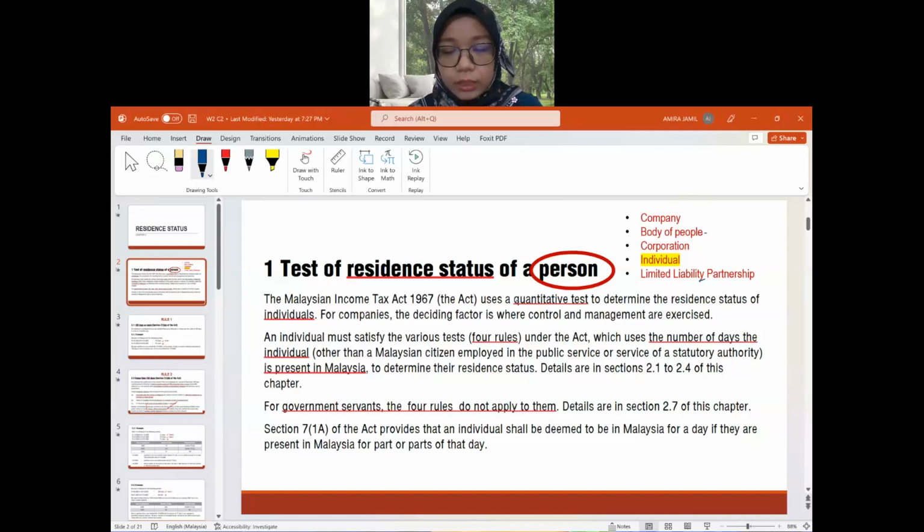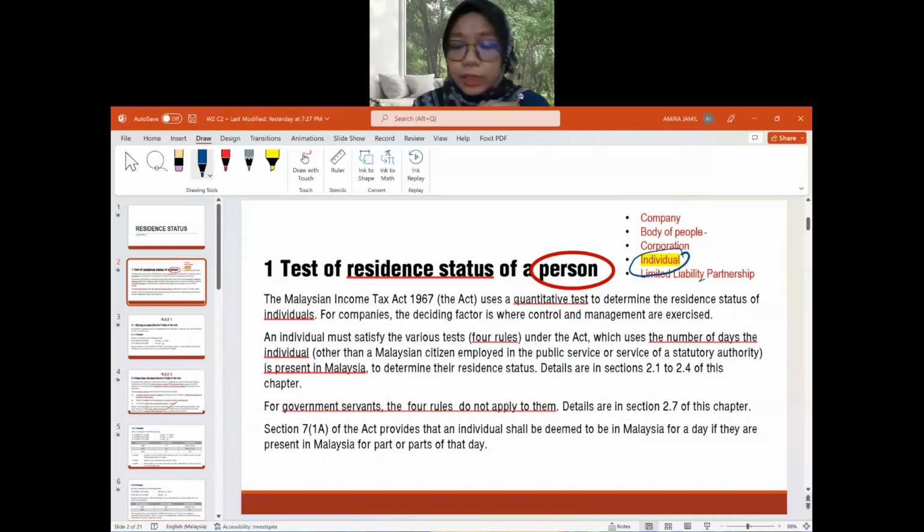But in our topic today, we only cover the individual part. In the Malaysian Income Tax Act 1967, they use a quantitative test to determine the resident status of an individual. For company, we don't cover.